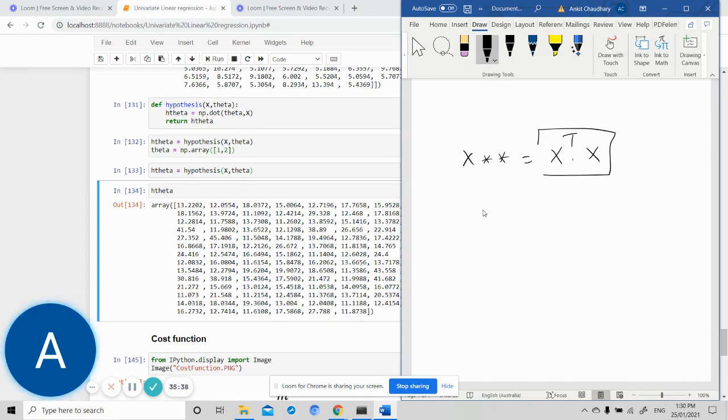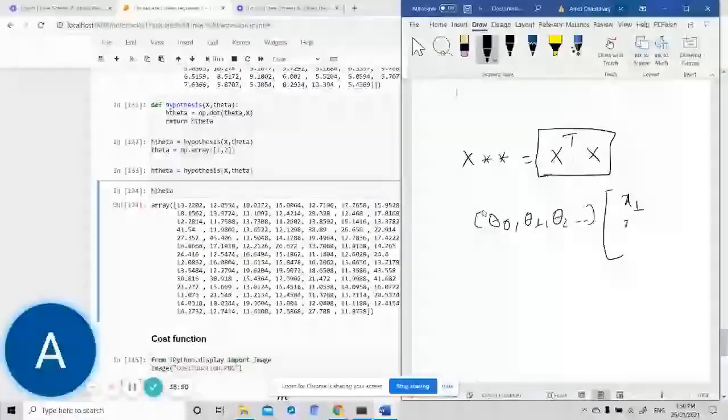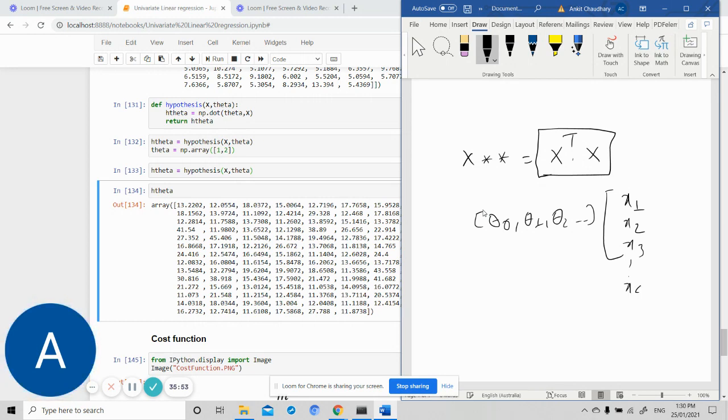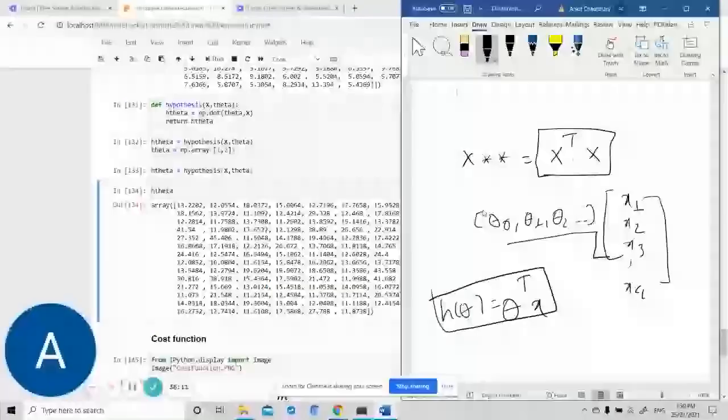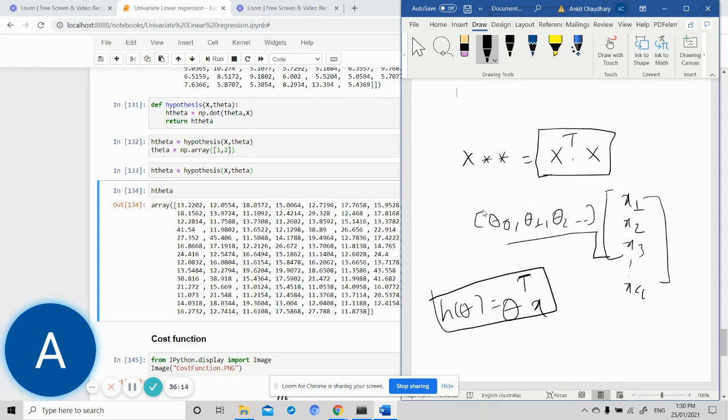So if my row is theta 0, theta 1, theta 2, and so on, my column of multiplications would be x1, x2, x3 up to xn. This is my convention on how we do matrix multiplication. That's why we take theta transpose x in our hypothesis function. It completely depends on how you derive the logic. You can take the transpose, or even without taking the transpose, you can write the equation. Hope that makes sense.